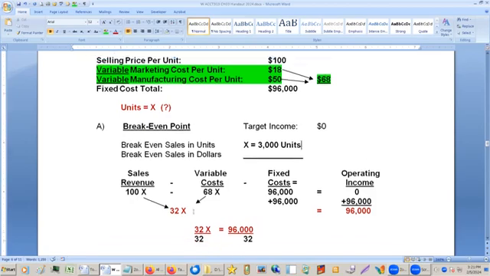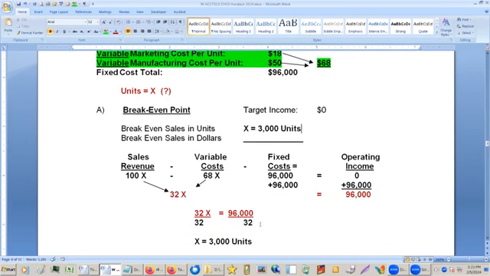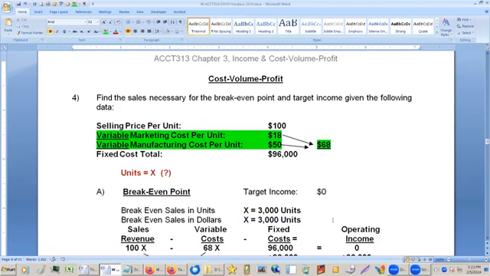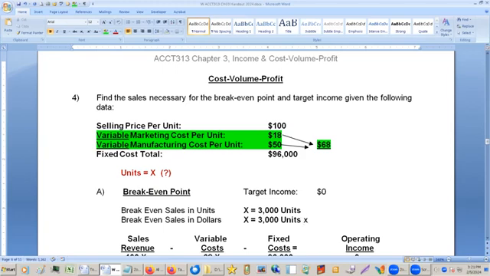Okay, 3,000 units. We can find the sales. We're selling each of those for $100. That's the selling price. 300,000. So this will be our sales to break even.